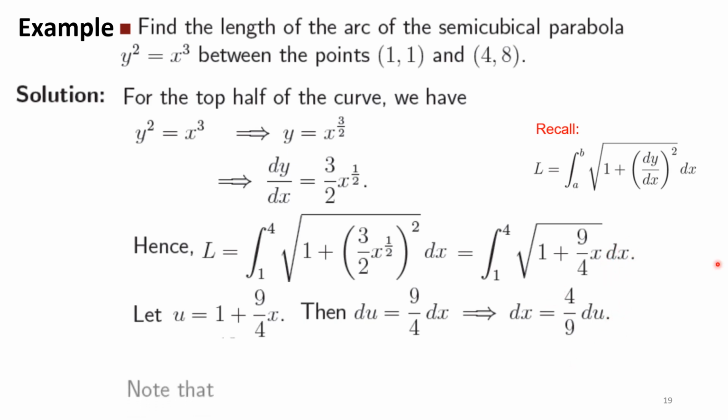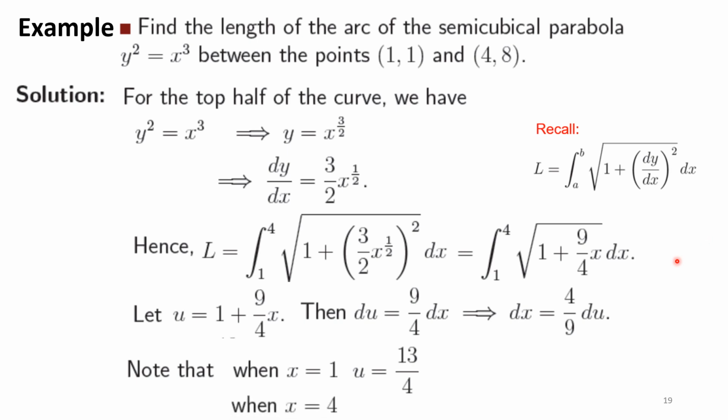When x is equal to 1, you have 1 plus 9 over 4, which is 13 over 4. When x is equal to 4, you have 1 plus 9 over 4 times 4, which gives a value of 10.